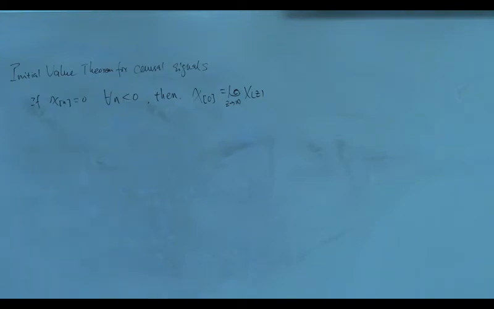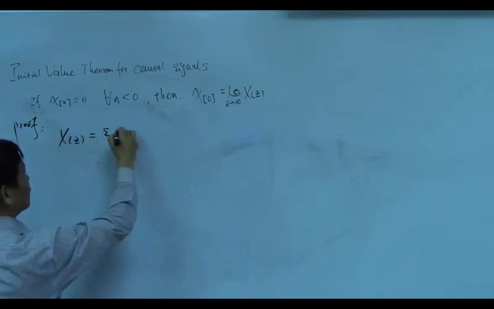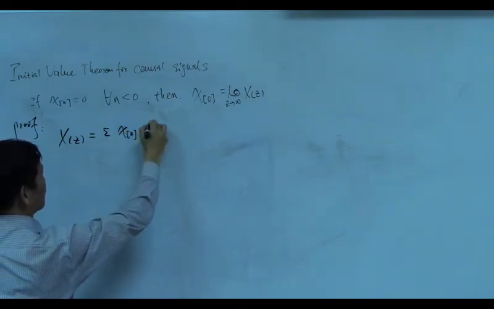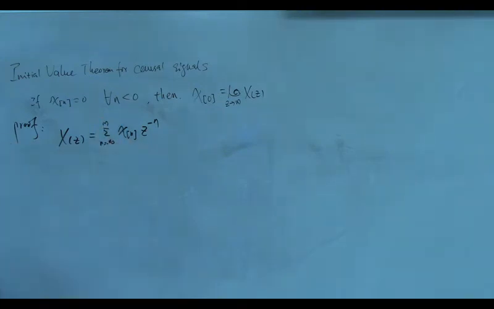All right, let's prove this. Again, we need to start from the definition. X(z) equals what? The sum of x[n] times z to the negative n, and n equals negative infinity to positive infinity.